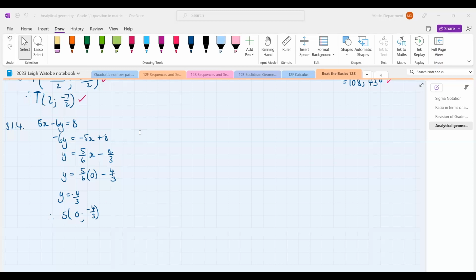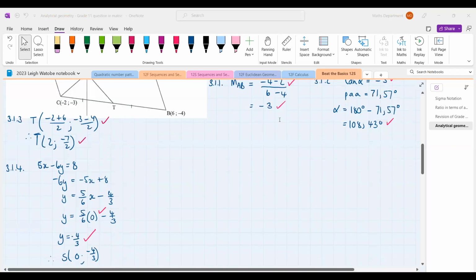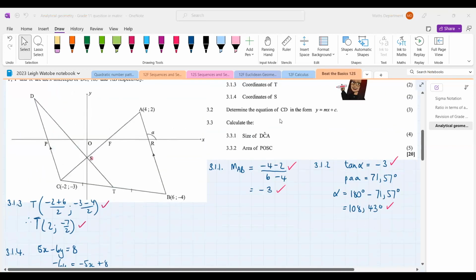Okay, so it would have been important here too to rearrange the equation, show that x was equal to 0 at S, and then work out that y at that point was minus 4 over 3. A lot of you have already gone on. Yes, Natalie. Yes, Sihawu. You have already worked out the equation of CD in 3.2. Very good.